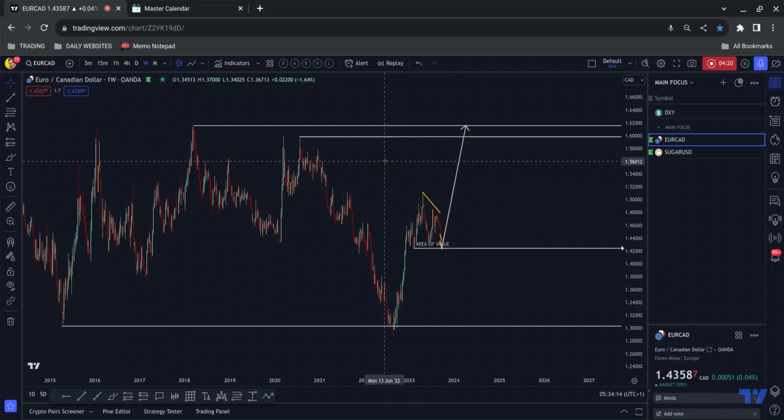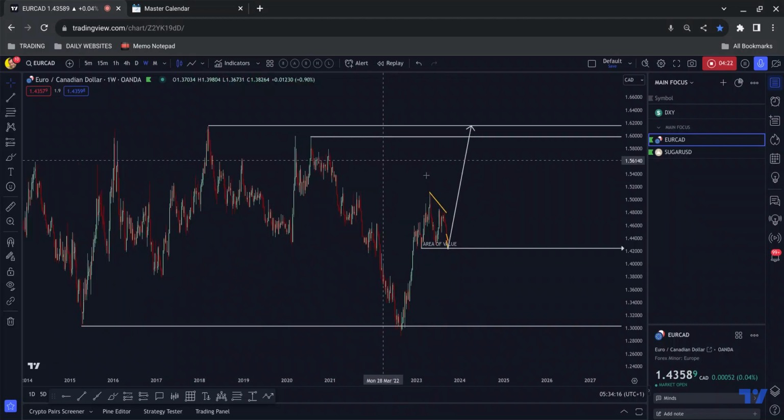One thing that gives me a clue that we may, another positive confluence factor, as it were, is the fact that we have a near miss. So when price gets close, which is why I've got my ray line on there, when price gets close to a higher time frame area of liquidity such as this, but it doesn't quite tap it, that can often mean that there are still orders in that area that need to be filled before price can potentially come to the downside, which means that price is more likely to gravitate towards that area.